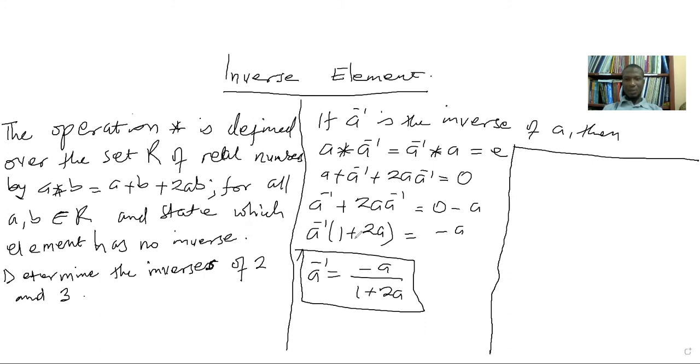Like I explained at the beginning of this question, A will have no inverse if this A inverse here is undefined. And the A inverse here will be undefined when the denominator is equal to 0.